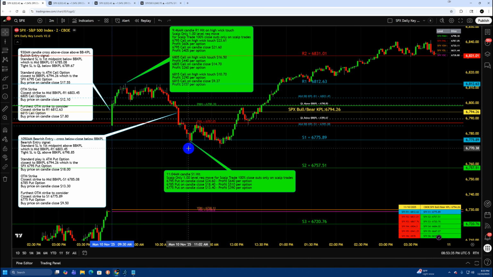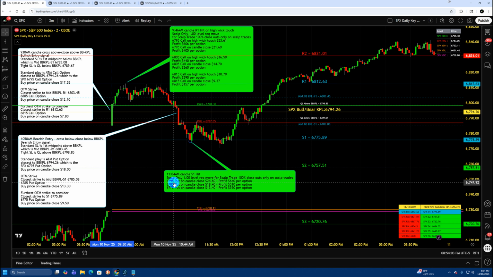Now in this case, this had a scalp hit, one level down at 11:04. So that roughly is again about 15 minutes later. Scalp only, one level required move, 100% closeout, 67.95 put on candle close. As you can see, this wicked through it and still closed right on it or slightly below it.